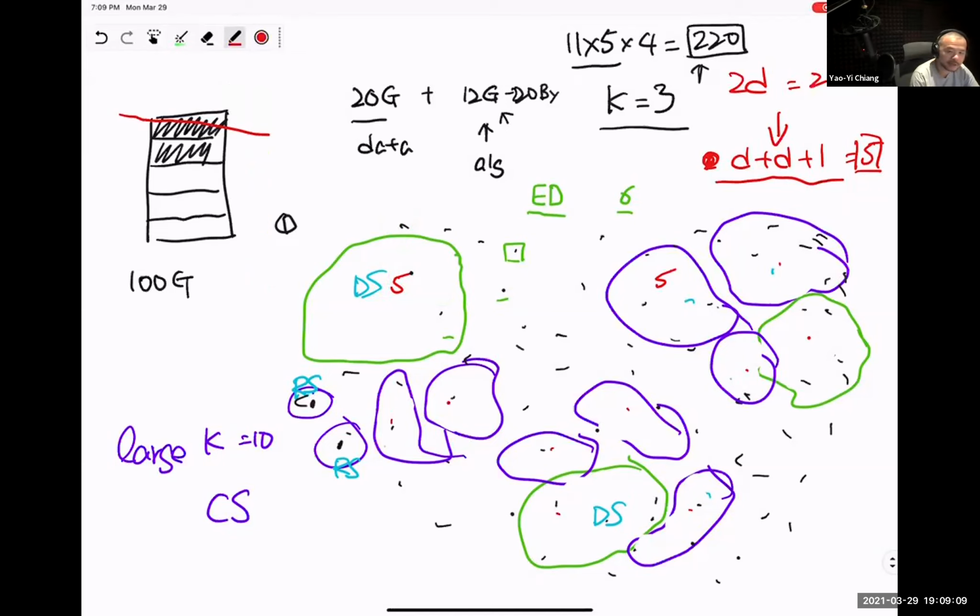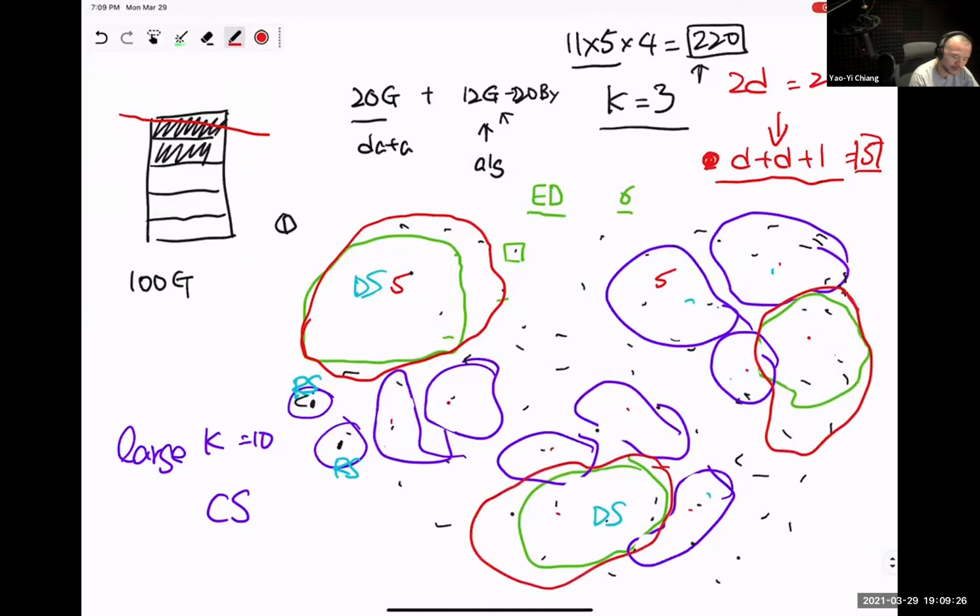After I calculate the distance from each data point to a DS, the DS becomes larger, right? Because now it contains more points. Nearby points, nearby points, and so on.